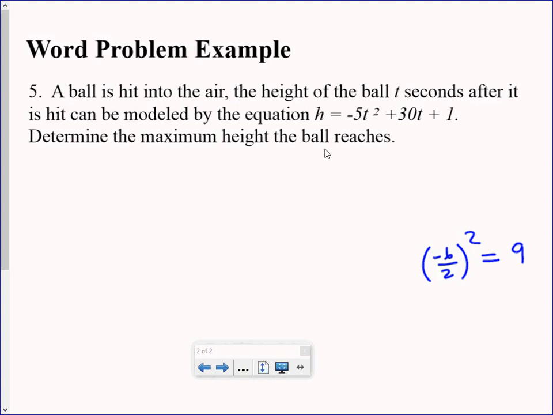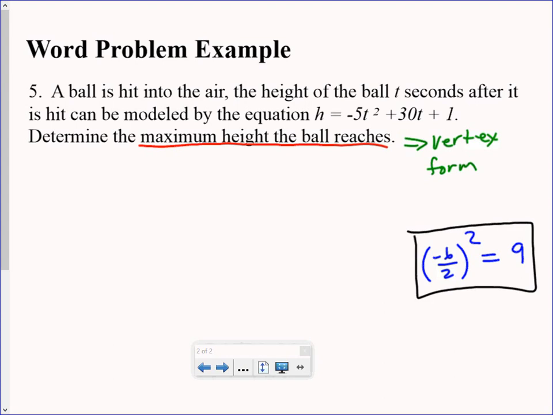Anytime it says we need the max or the min of something, this means that we must use vertex form. You'll see why I have this box here calculated in a second. It obviously means that we're doing something that might involve completing the square of this equation right here.